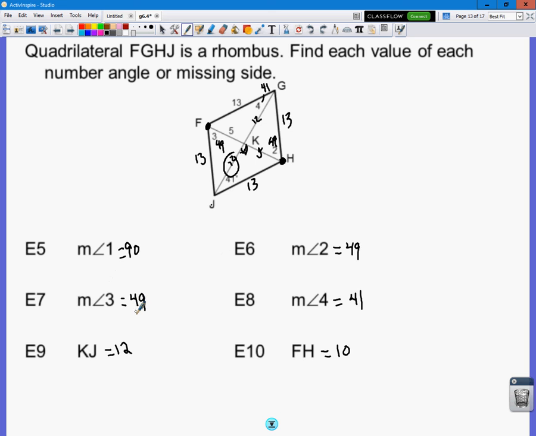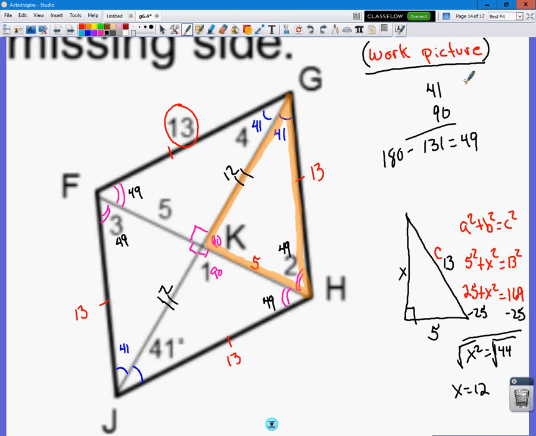Blank, because you're going to think you don't know how to do any of them. Do yourself a favor. Work the picture. If you had worked the picture, chances are, if there was one of them that you would have missed, it might have been this one. All the rest of them you should have been able to fill in pretty easily. So do yourself a favor, work the picture, and then start answering the questions.